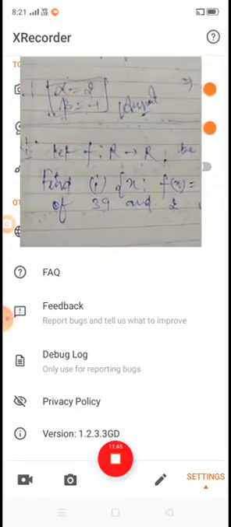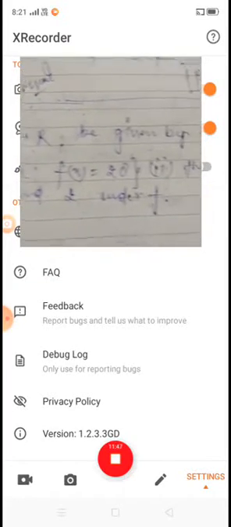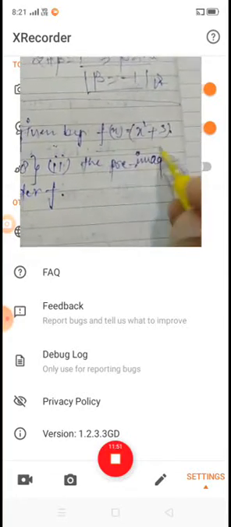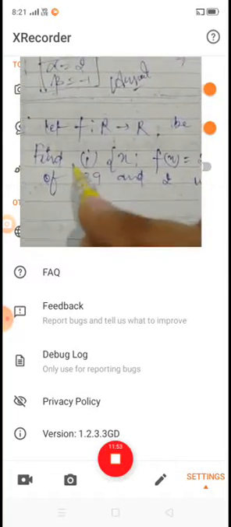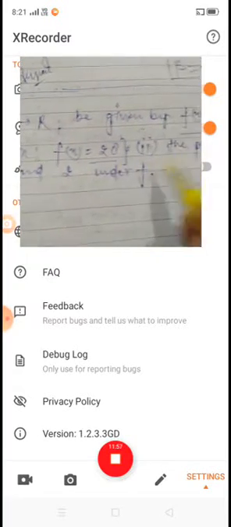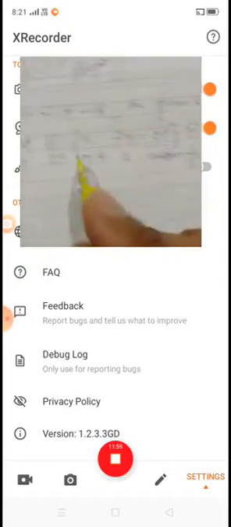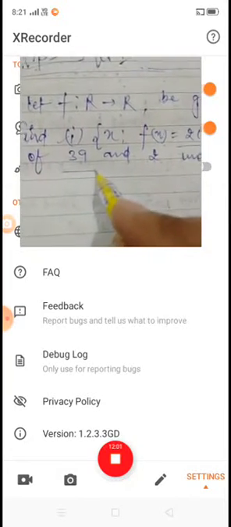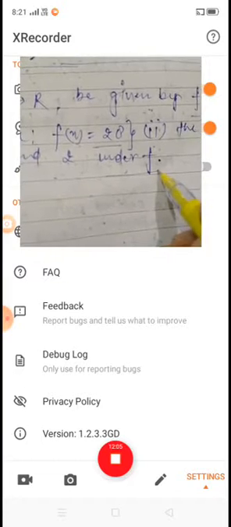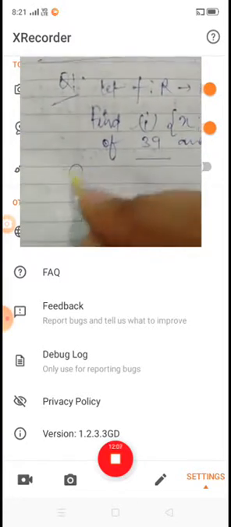Let's see once more. Let f from R to R be given by f of x is equal to x square plus 3. Find first, the point x such that f of x is equal to 28. Second one, the pre-image of 39 and 2 under the function f. Okay, now let's solve it.